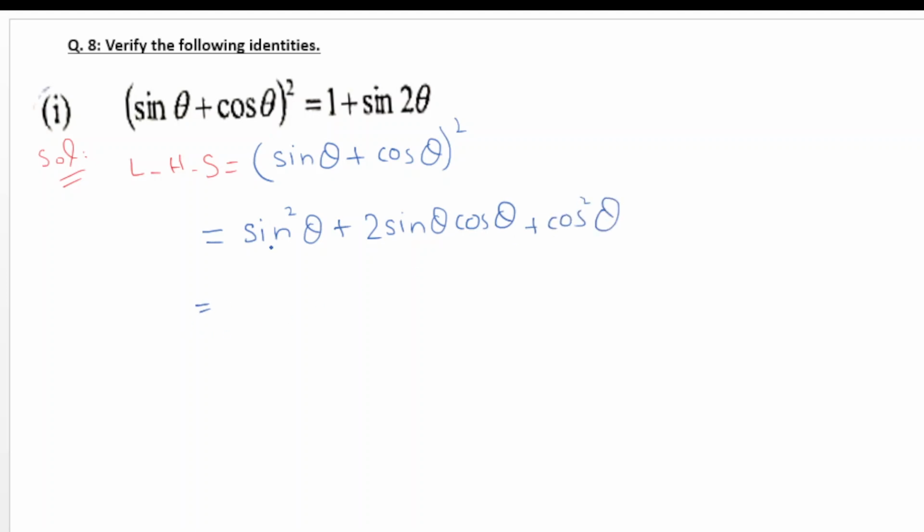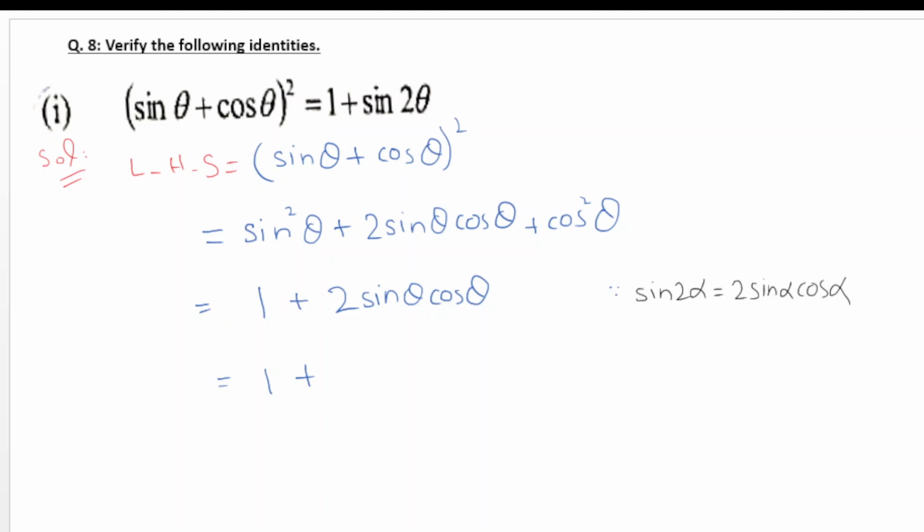So you know sine square theta plus cos square theta will be equal to 1, plus the remaining 2 sine theta cos theta. This is the basic formula: sine 2 alpha is equal to 2 sine alpha cos alpha.